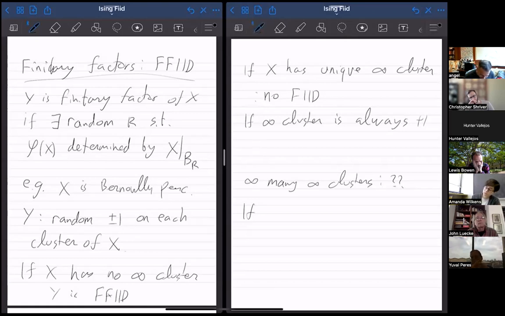This is a factor of IID, but it's not obvious that it's not finitary. At least the description that I gave you does not give a finitary factor, because if you reveal X, you can never say that you are definitely in the infinite cluster. There's always some chance that you're in a very large finite cluster.